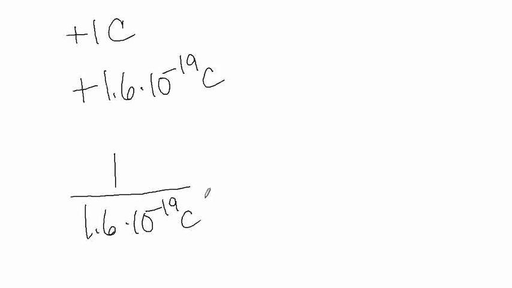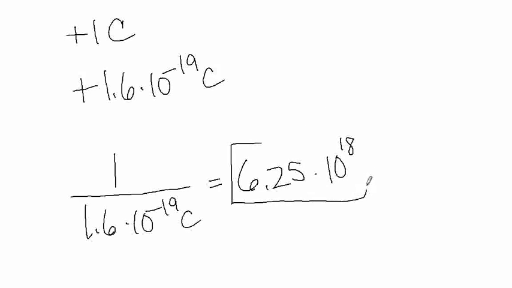Okay? And if you did that, you would see that a single coulomb is this many protons. Now, that is a staggeringly large number. And that just goes to show how tiny the smallest possible amount of charge is relative to a single coulomb.